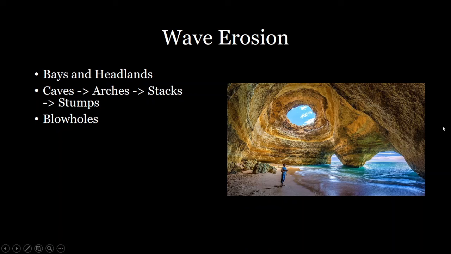Additionally, you can have the formation of blowholes. So blowholes develop whenever you have an erosional feature within a headland in which you have an opening where water can enter through wave action, and then it is forced out of a small hole in the rock.